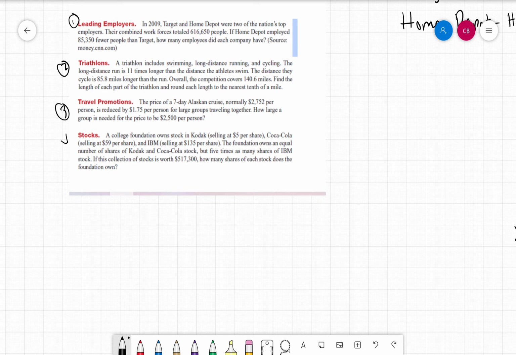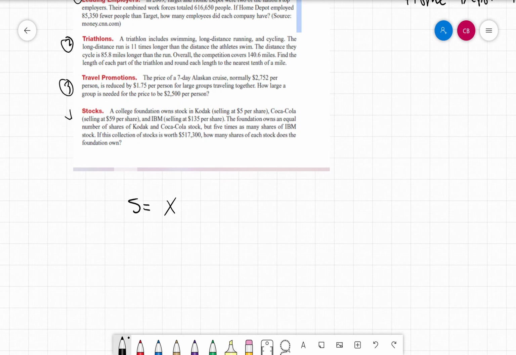I guess let's say swimming is x. Swimming is x. Okay. Then the run is equal to 11x, right? It's 11 times bigger than the swim.